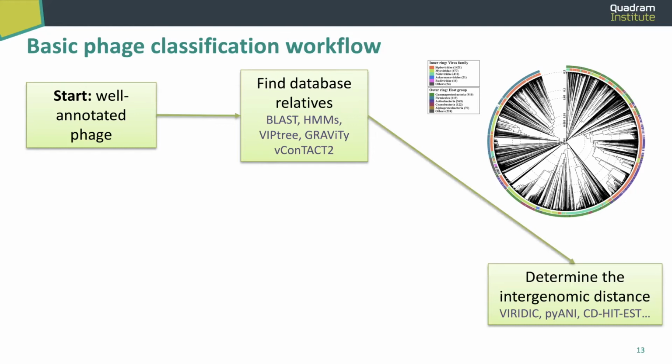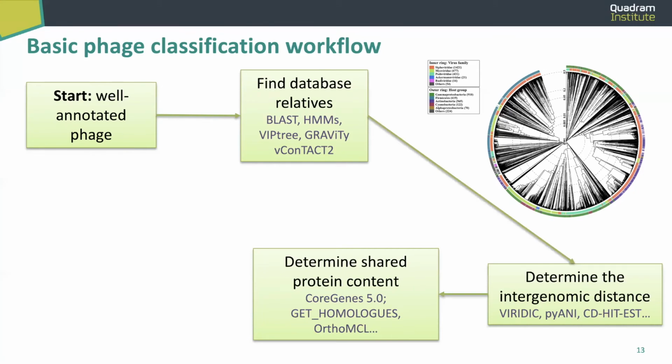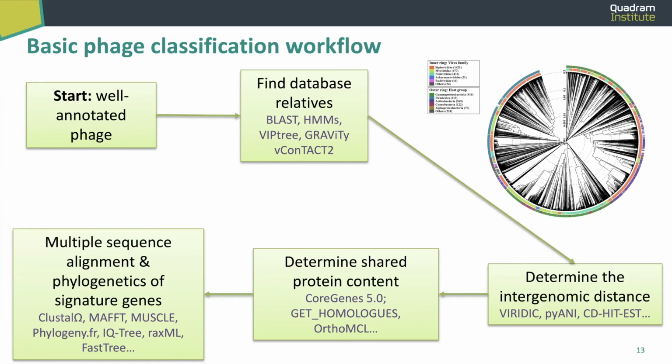First thing then to do, if you have any genomic relatives, is to find the intergenomic distance. We will show how to do that with VIRIDIC today. Then find your shared protein content, and then do a multiple sequence alignment and phylogenetics.